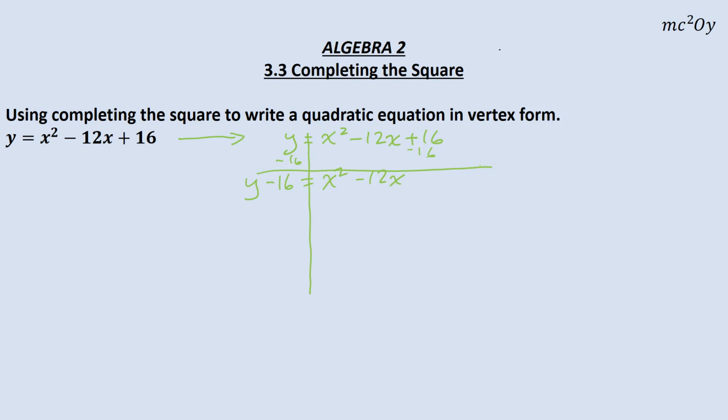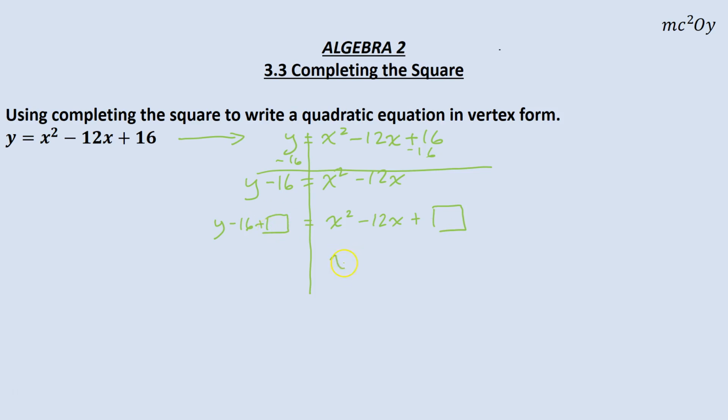From there, I can ask myself, if I have y minus 16 equaling x squared minus 12x, what do I need to add to that 12x to make a perfect square? I'll have to add the same thing over here.